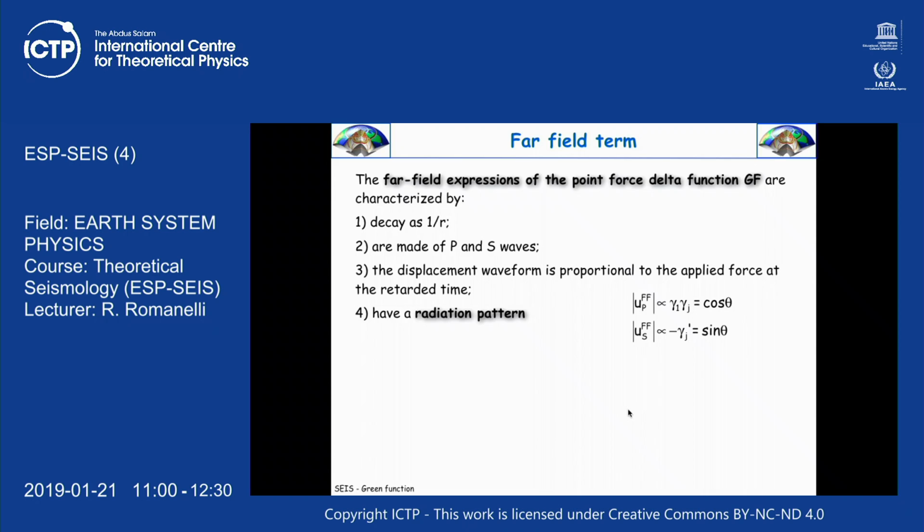Now, if you write the radiation pattern, it's a little bit messy, but let's say that the P depends on cosine. So let's imagine that we apply a force in this direction. Let's imagine a lobe of a cosine like that, positive and negative here. Okay? Here cosine is 1, and here it's decaying.